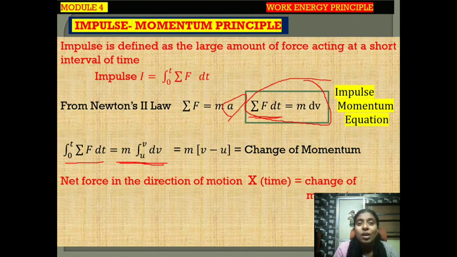Impulse is equal to mv minus mu, that is final momentum minus initial momentum. So net force in the direction of motion multiplied by time, that is the impulse, is nothing but the change in momentum. So this is the principle of impulse momentum equation, an extension of Newton's second law used for solving problems on kinetics.